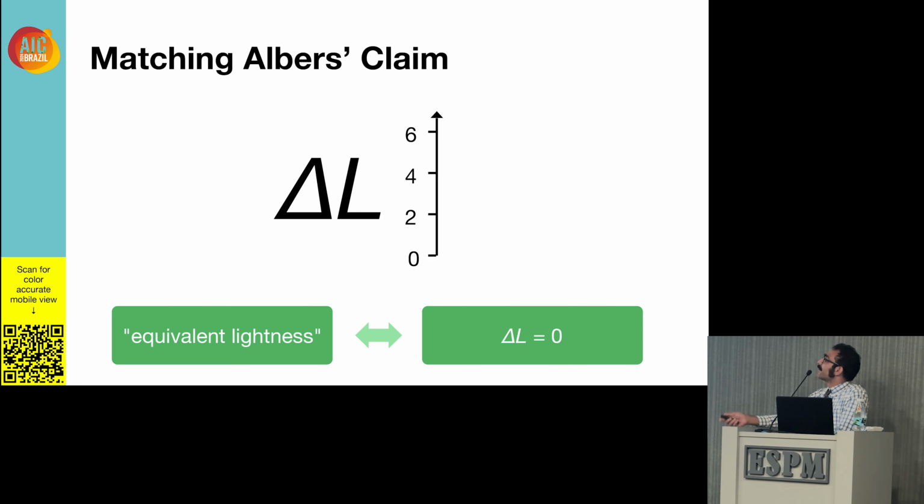To understand these delta L values, like what is a good value and what is a bad one: since Albers' claim was of equivalent lightness, delta L would have to be 0 to match Albers' claim. So 0 is perfect agreement with Albers. The lower the number, the better that system is performing.